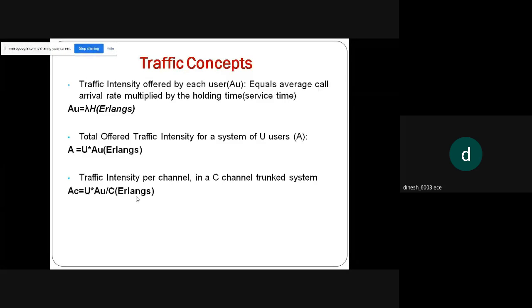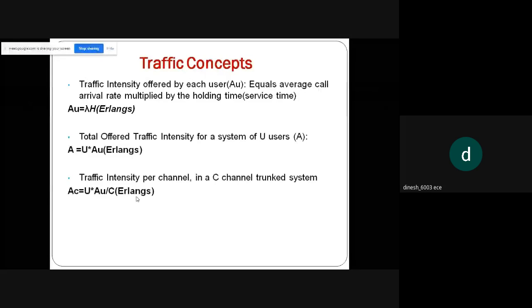Then the total offered traffic intensity for the entire system of many users, there will be many users. Okay. So for them, it will be A is equal to U into AU, where U is the number of users, measured in Erlangs. For one user, it is lambda into H. For U users, it is U into AU.